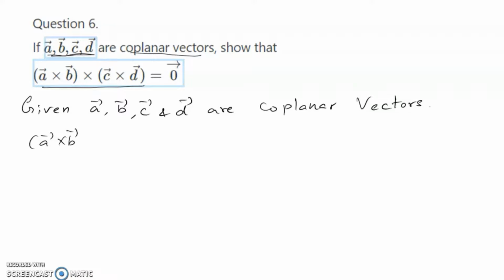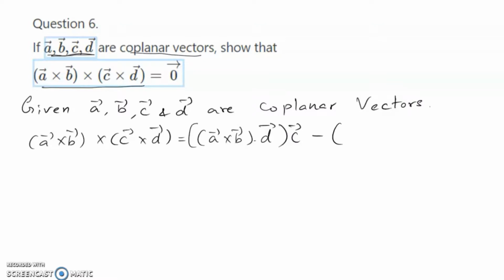Okay, so let's solve A cross B cross product with C cross D. So this can be written as (A cross product with B dot D) C vector minus (A B dot C) D vector.